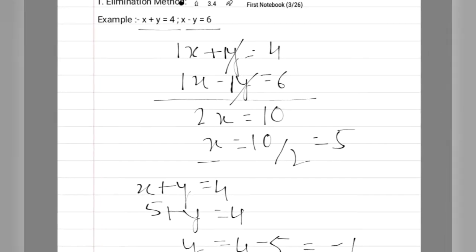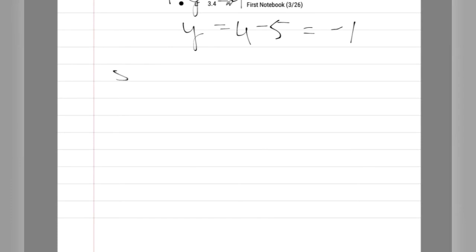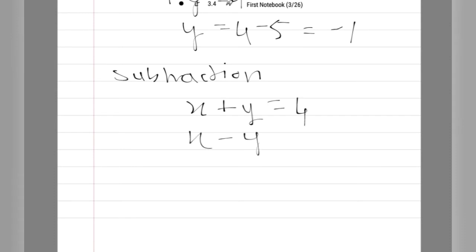We could have also subtracted this, because after subtracting we could have got that x is cancelled. So let's try it. We are doing it by subtraction now. Don't mind my writing here. So x plus y is equal to 4 and x minus y is equal to 6.